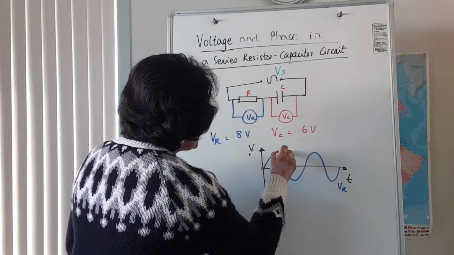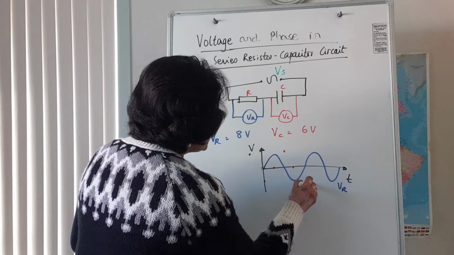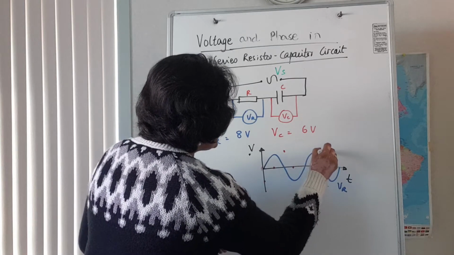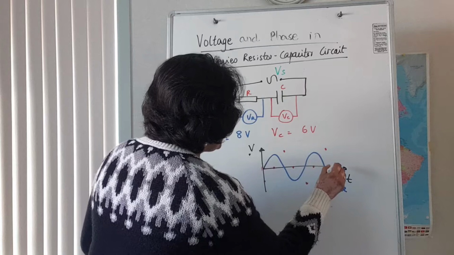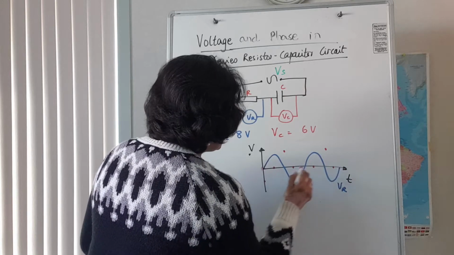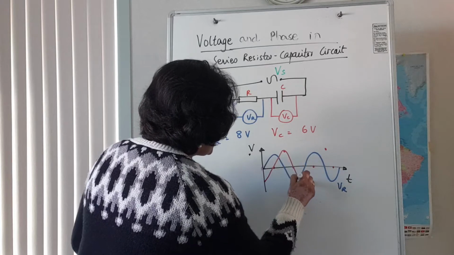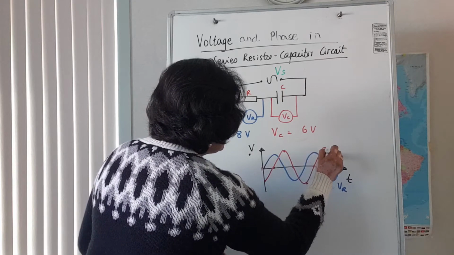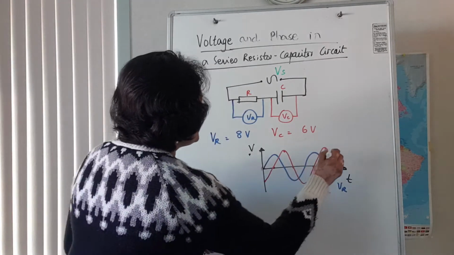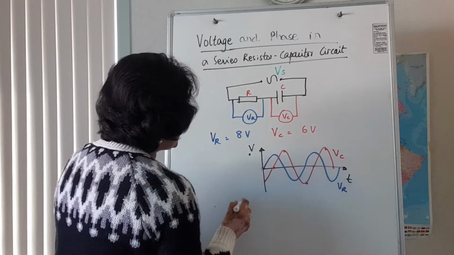And when that's maximum, this is 0. So the voltage across the capacitor is also a sine curve, but it peaks at a different time. So this is the voltage across the capacitor.